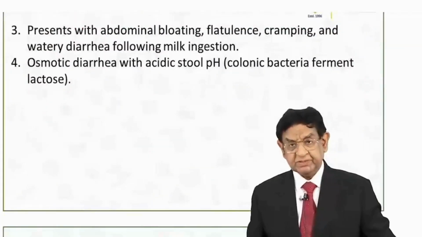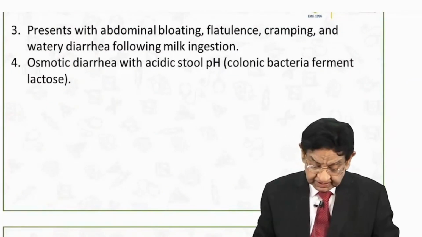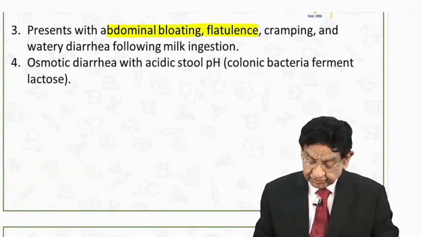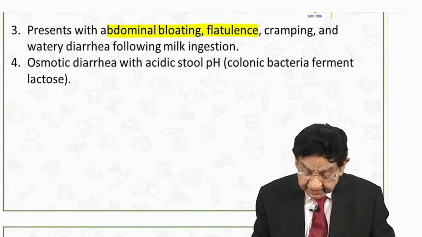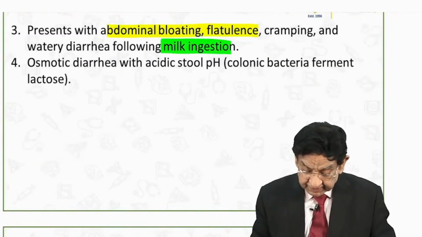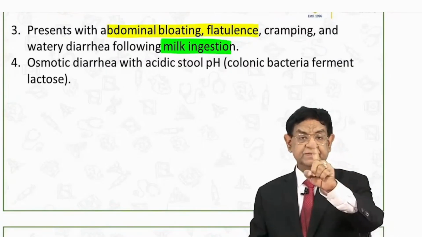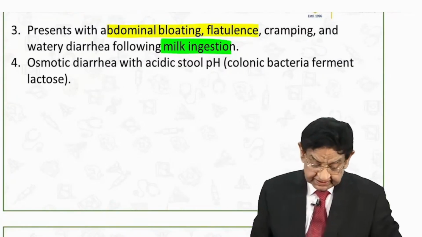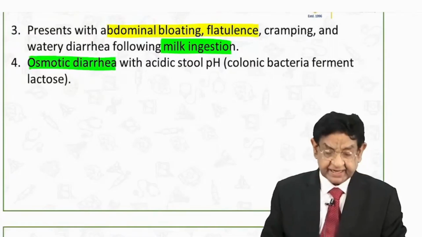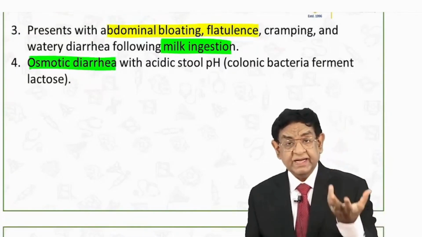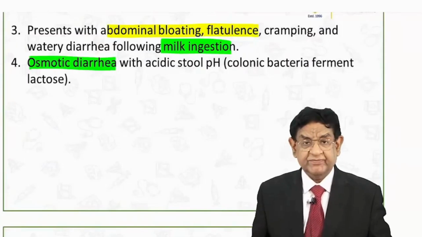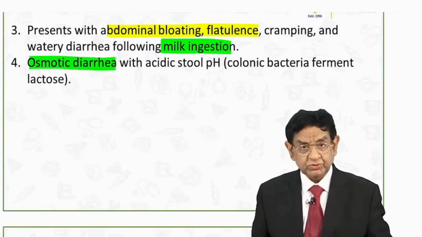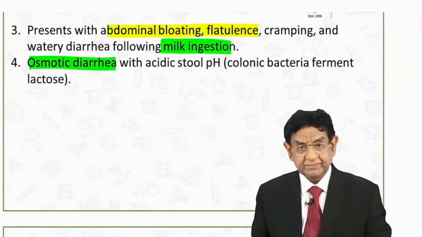The patient presents to you with abdominal bloating, flatulence, gas, after taking milk. It's a type of osmotic diarrhea. Why? Lactose is an osmotically active molecule, so it leads to osmotic diarrhea.